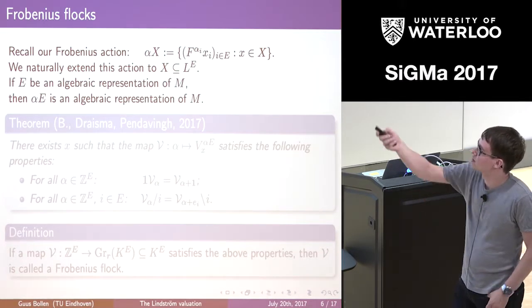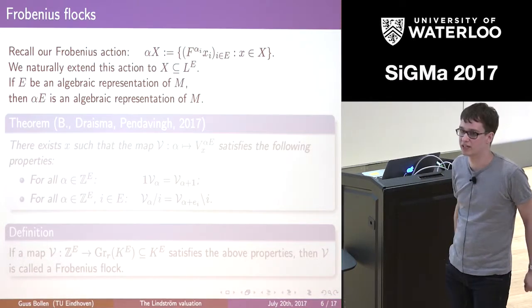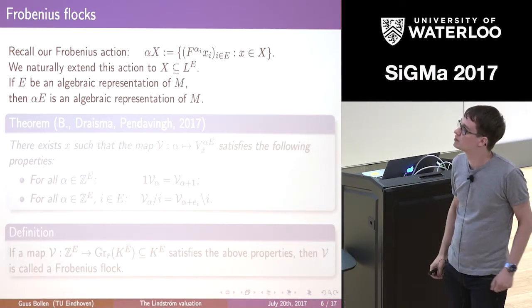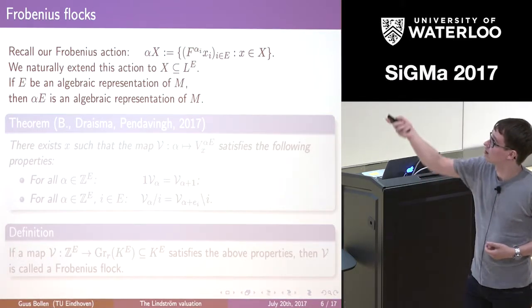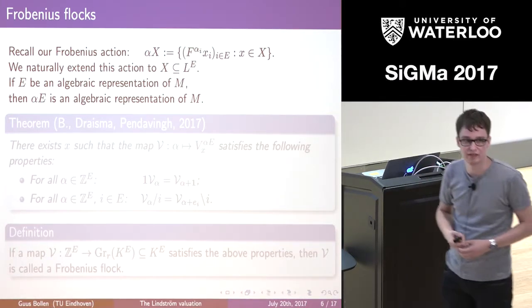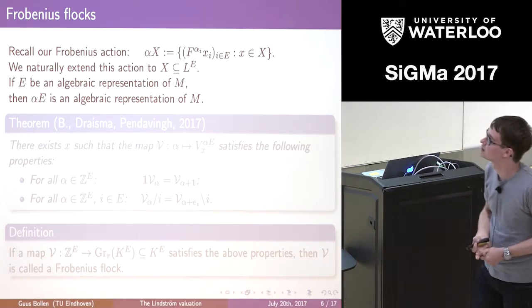And it has a nice property that if E is an algebraic representation of a matroid, then after applying alpha with this above action, we still have an algebraic representation of the same matroid.